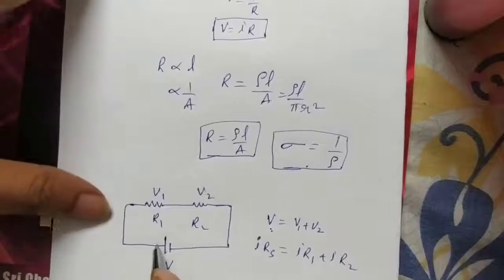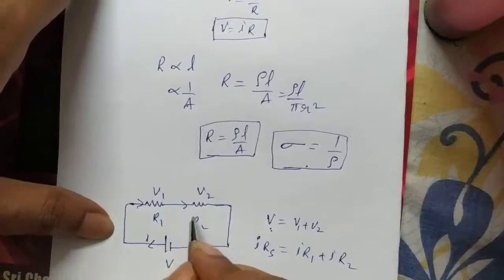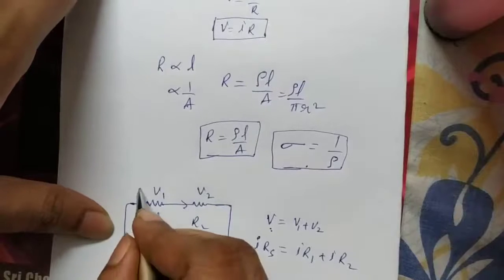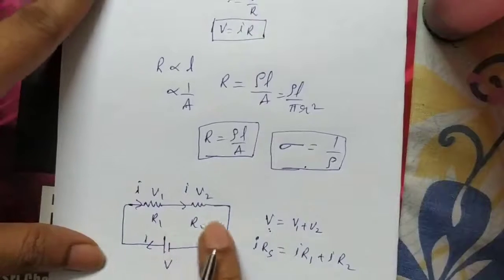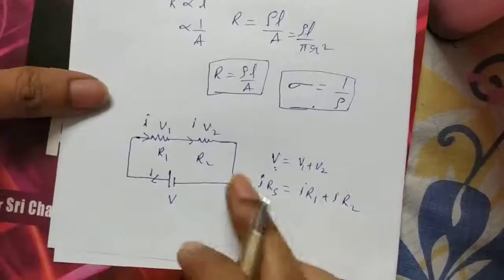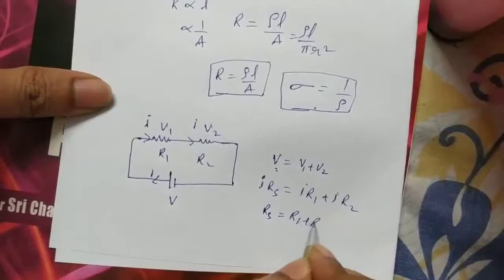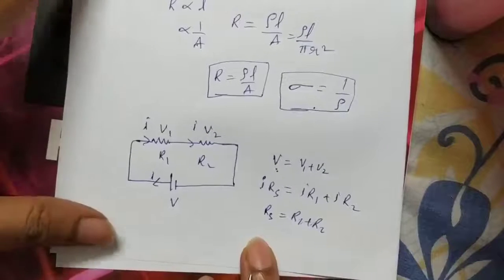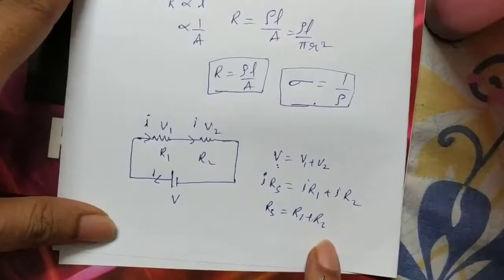Because whatever current is flowing through the battery flows through R1, and that same amount is flowing through R2. So a single current, the same current, is there. In series, current is the same, potential is divided between the resistors. So R series is equal to R1 plus R2. Two resistors in series, then the resultant resistance is R1 plus R2.